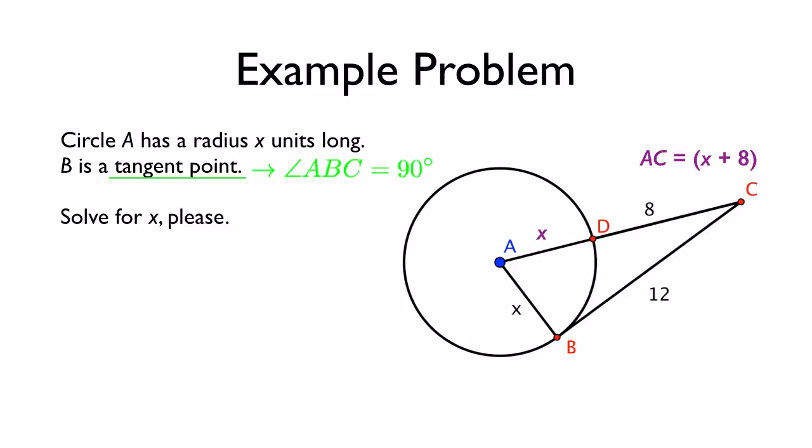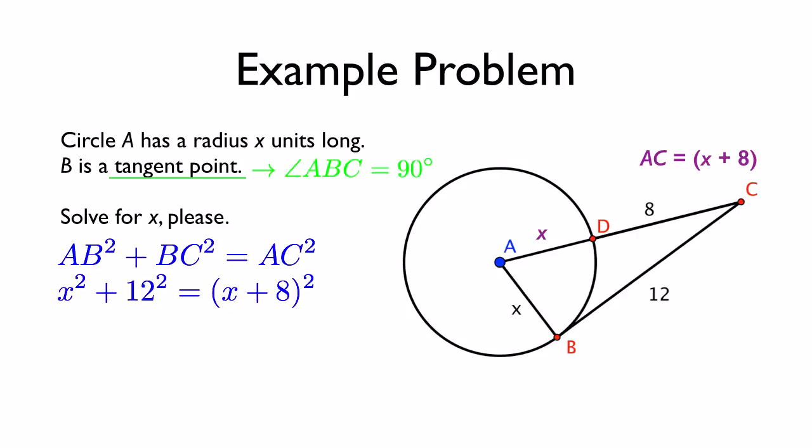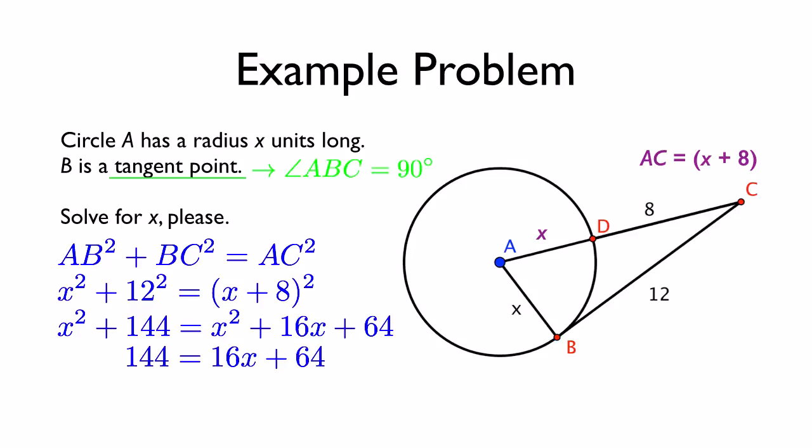And so that means the entire length AC is x plus 8. And so therefore, triangle ABC is a right triangle, so we can solve it using the good old Pythagorean theorem. Now make sure you FOIL out x plus 8. And then I'll subtract x squared from both sides, subtract 64, and finally divide by 16.